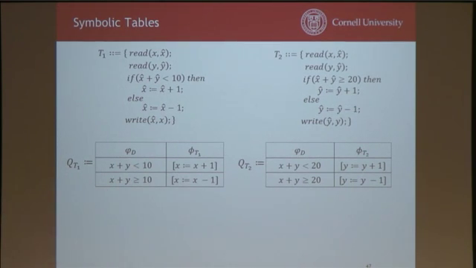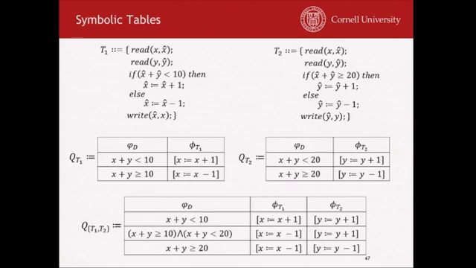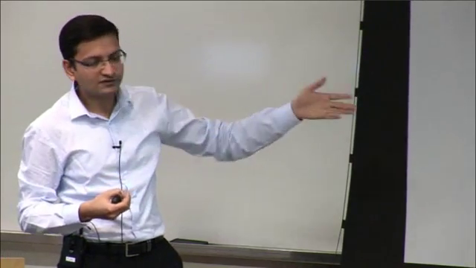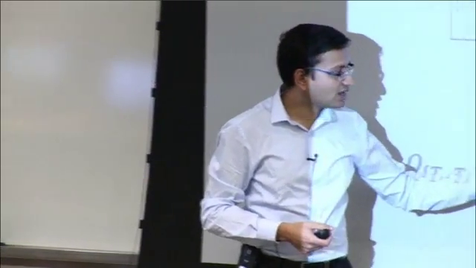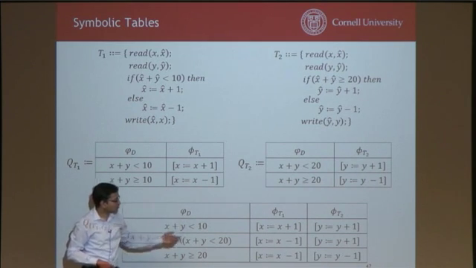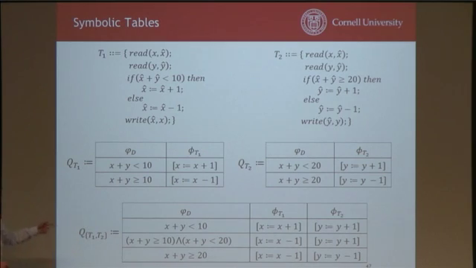Now, if these are the only 2 transactions executed in the application, I can combine them to construct a joint symbolic table, and I do so by taking a cross product. In normal cases, the cross product would have 4 tuples. One of them is degenerate, and therefore I have eliminated it, so it has 3 tuples. What does this say? It says that over all database states over which x plus y is less than 10, executing transaction 1 has the effect of incrementing x by 1. Executing transaction T2 has the effect of incrementing y by 1.